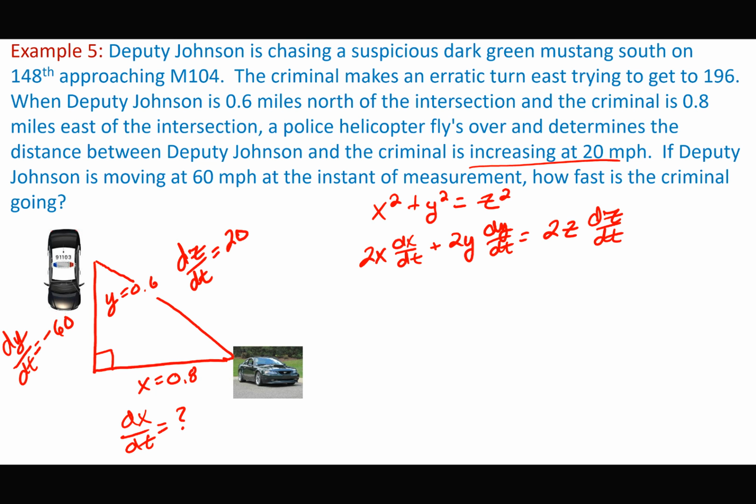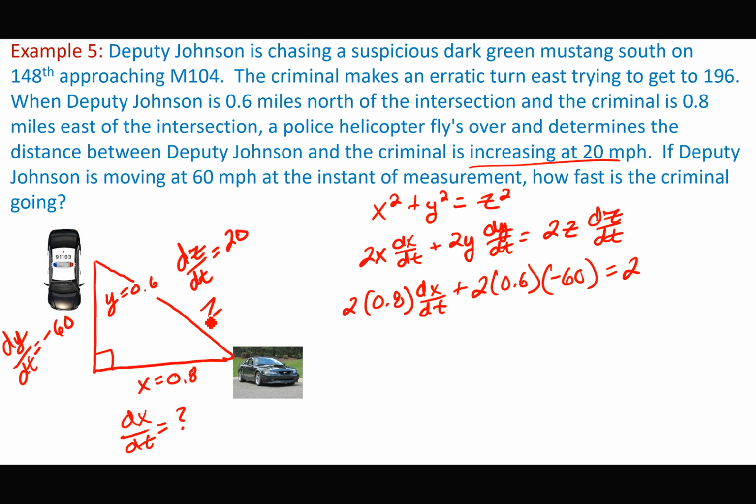Now that we've found the derivative, now we can start putting in stuff that we know. So 2 times my x, which is 0.8, dx dt is what I'm going to find. 2 times my y, which is 0.6, dy dt is a negative 60, equals 2 times z.